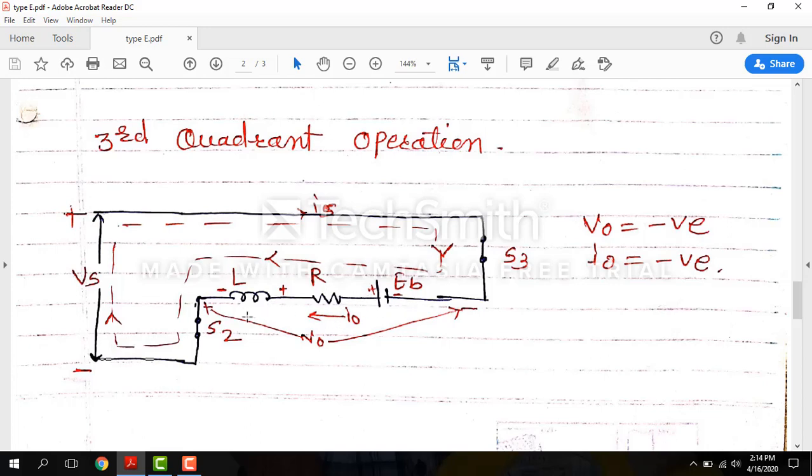That means the output current is negative. The voltage terminals are also reversed, so the output voltage is also negative. Again the inductor will store the energy. This is the third quadrant operation.